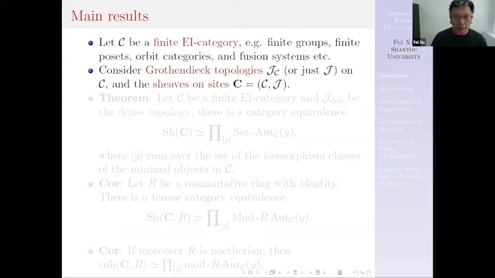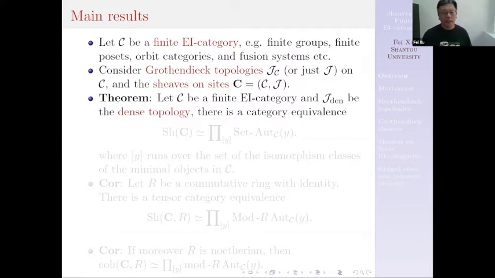And the main result is a kind of straightforward calculation that we consider the sheaves. So what we're going to do is consider a finite EI category and the so-called dense topology.